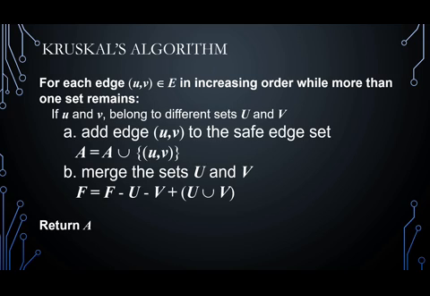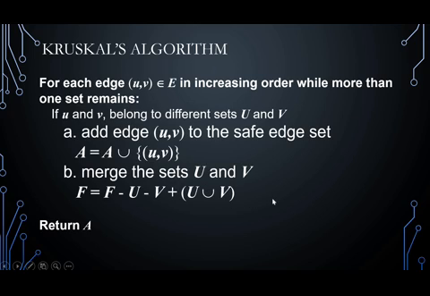Okay. This process is repeated till in the forest I am left out with a single set. Right? In the forest, I should remain with a single set. This process is your Kruskal's algorithm.